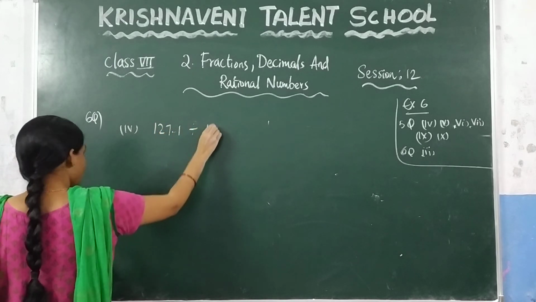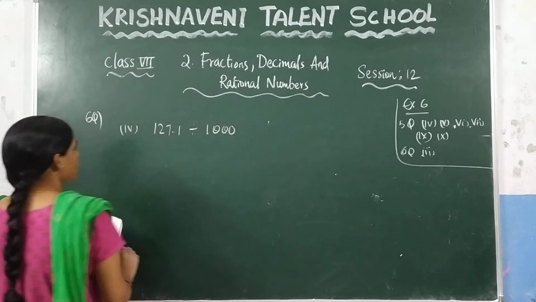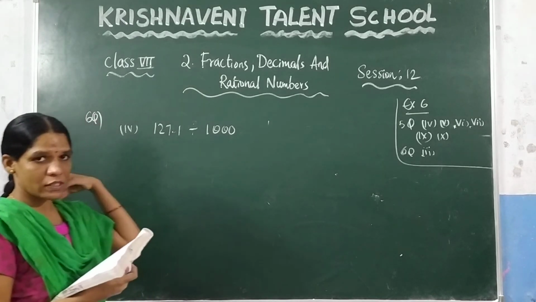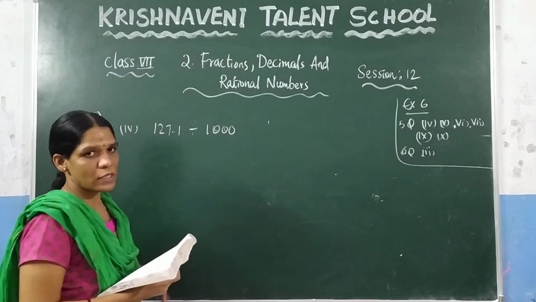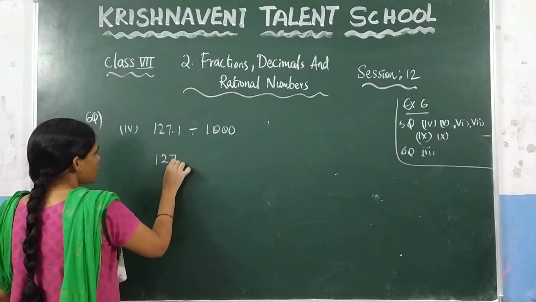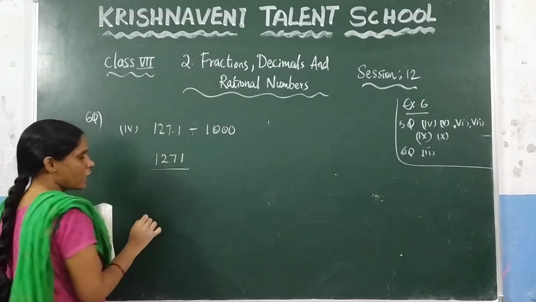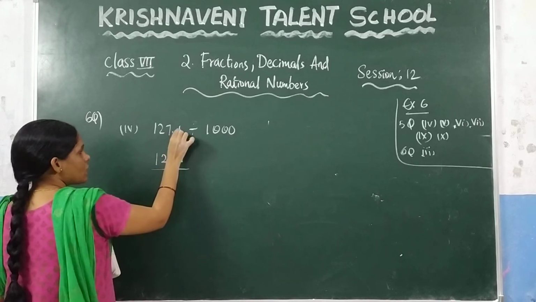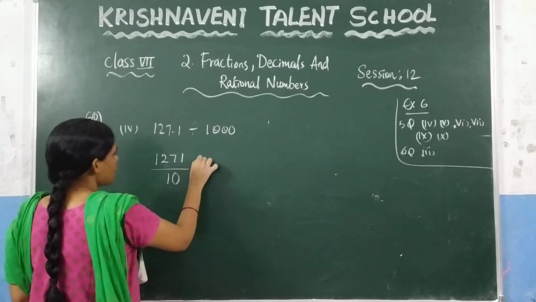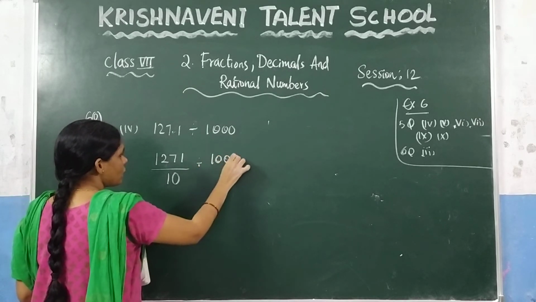127.1 divided by 1000. So here there are two methods. We will solve by using the two methods. In the first method, just do the normal division. How do you solve this one? You can write this one as 1271 by 10, because after the decimal point one number is there, keep 1 0. And after that, this one you can write as 1000 by 1.